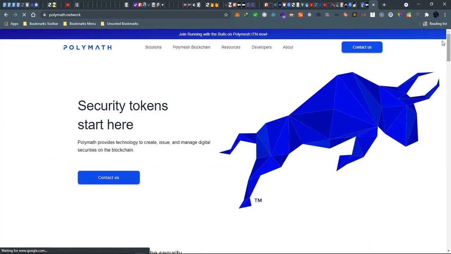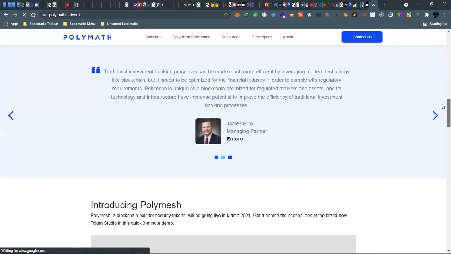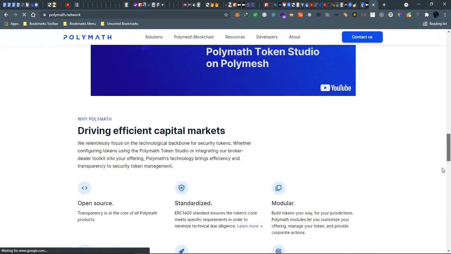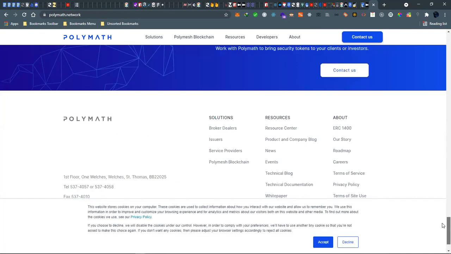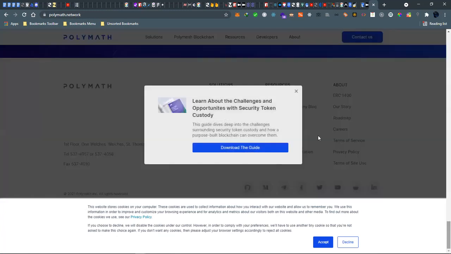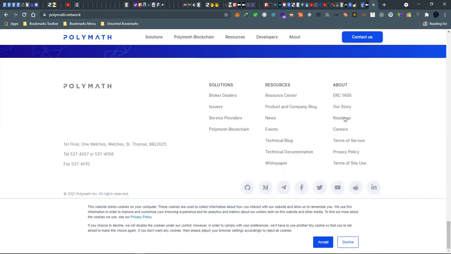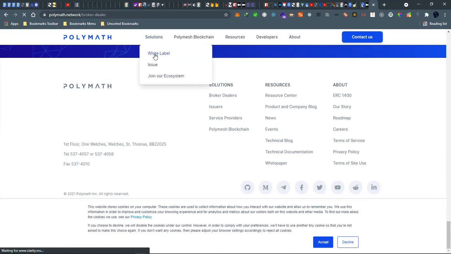You can take a look at it and see what kind of securities they provide, and learn more about what they are offering and what they do.